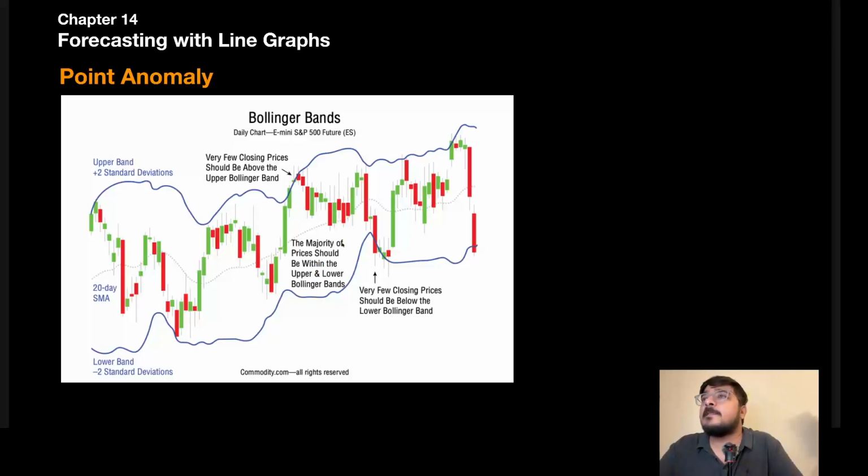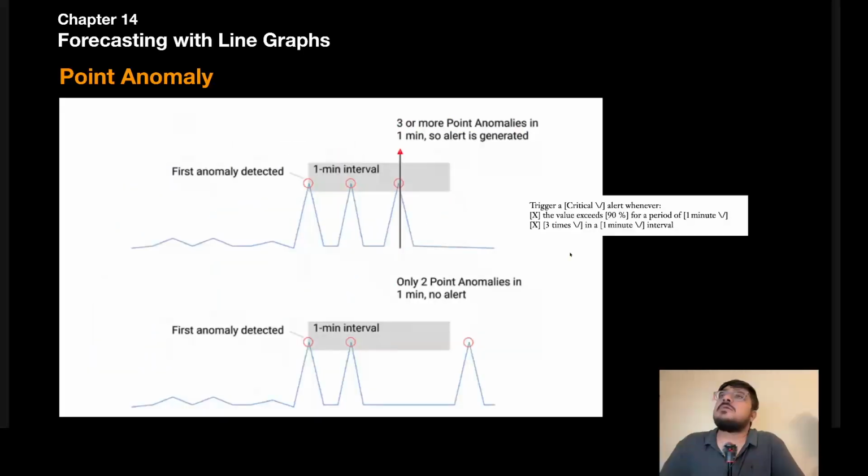Very few closing prices should be below the lower Bollinger Band. So what do we understand from this graph? The value should be between the upper and lower Bollinger Bands, and if it goes beyond that, an anomaly will be detected.